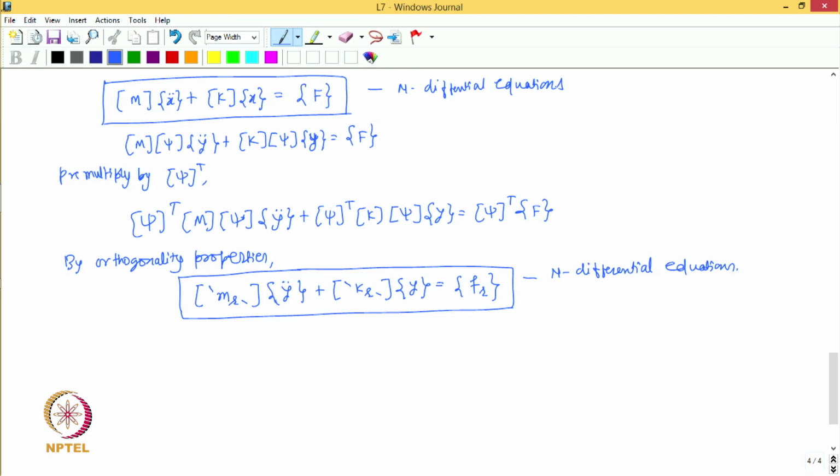The original differential equations were in general coupled, and these differential equations are uncoupled, right, which means that they are independent.